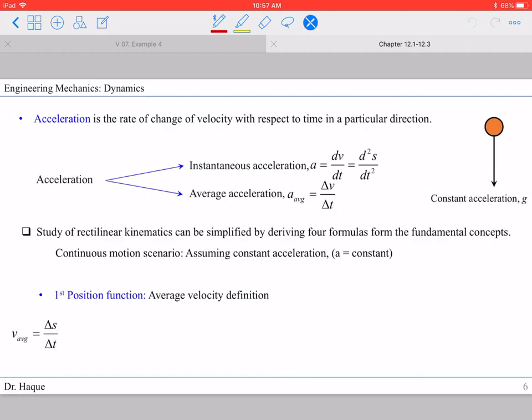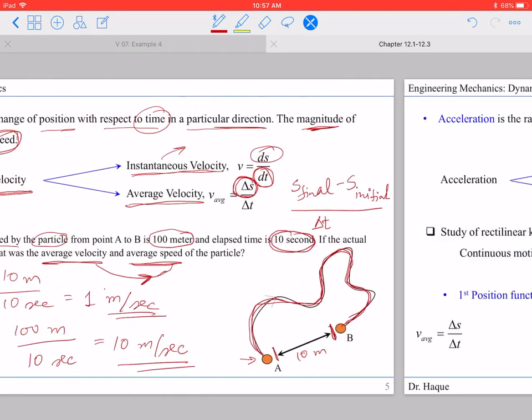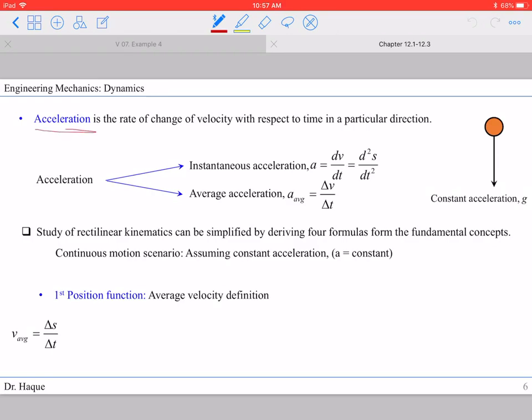So now we're going to talk about acceleration. Acceleration is the rate of change of velocity with respect to time in a particular direction. Again, acceleration is a vector quantity that has a magnitude and a direction. Similar to velocity, acceleration also can be represented in two ways: instantaneous acceleration and average acceleration.